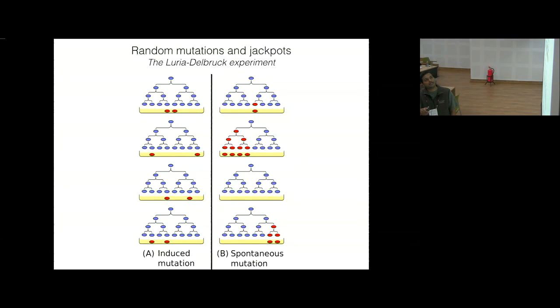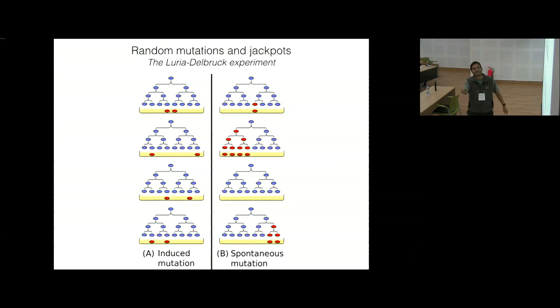However, if it was spontaneous, then you end up with a situation where a resistant strain arose in the very first generation, and so you'll have a lot more resistant strains in the subsequent generations than if a resistant strain didn't arise, right?